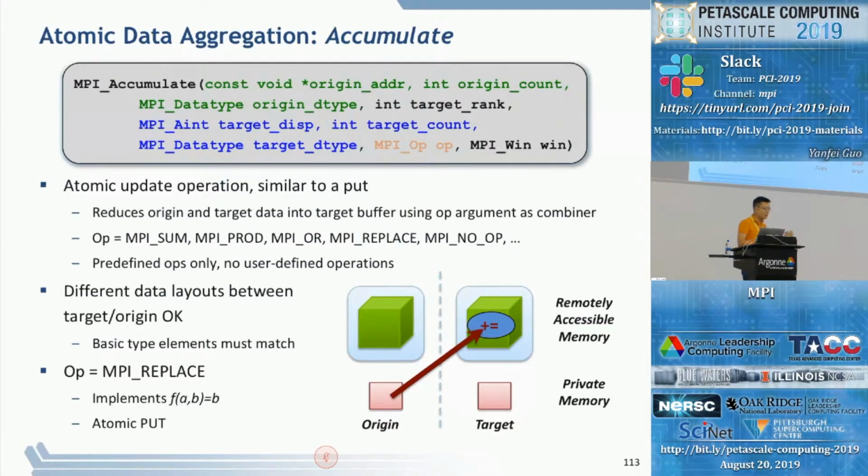But because we can use data types, if I use a contiguous data type of 100 MPI doubles, the atomicity is with respect to the individual elements of this contiguous type. If I do a put of 1 to all 100 elements, and another process is doing an atomic put of 2 on all these 100 elements, each of these elements can be either 1 or 2 at the end of the day.